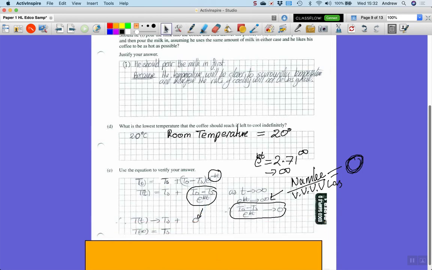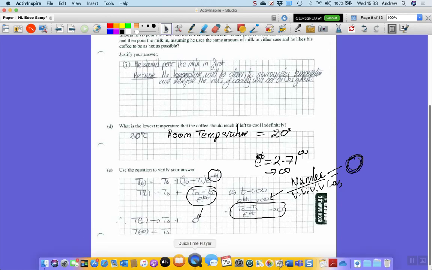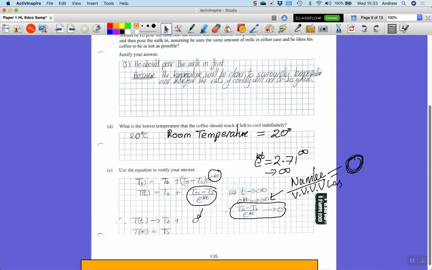And if it becomes 0, then the temperature of the object will equal the temperature of the surrounding room, which, go back and remind yourself, is in the opening section, equal to 20 degrees. Finish.